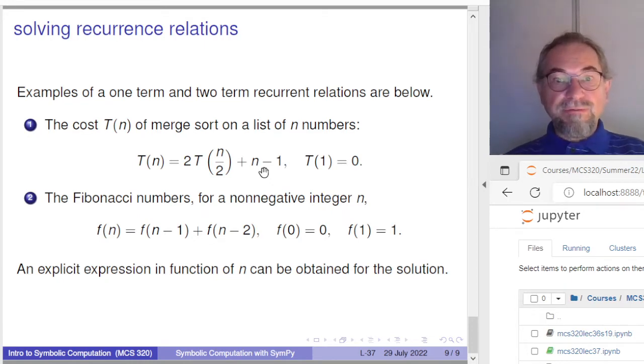We encountered the Fibonacci numbers, and the Fibonacci numbers satisfy this two-term recurrence relation. By solving this recurrence relation, we can compute an explicit expression, explicit in n, for any Fibonacci number. And this involves the golden ratio, which is interesting.